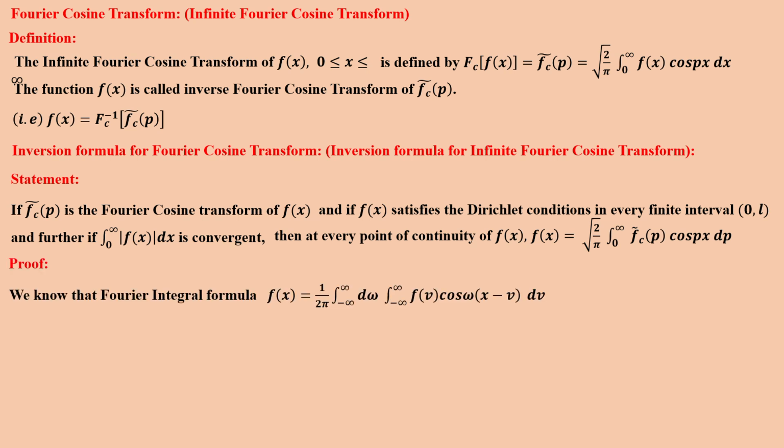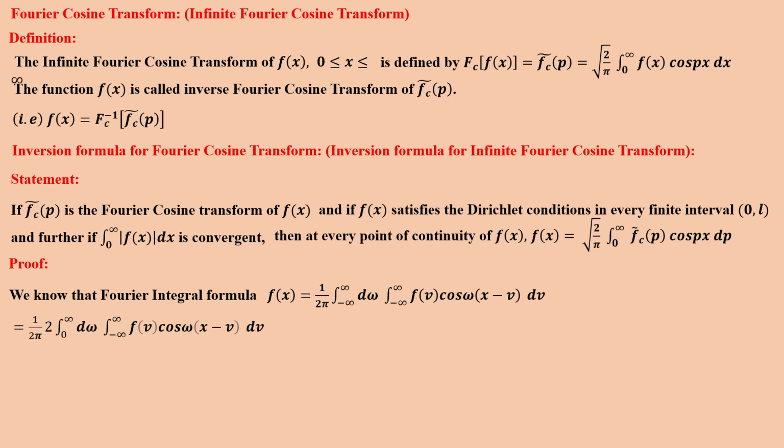So we know the Fourier integral formula: f(x) is equal to 1 by 2 pi integral minus infinity to plus infinity d omega integral minus infinity to plus infinity f(v) cos(omega x minus v) dv. That is equal to 1 by 2 pi into 2 times integral 0 to infinity d omega, because the integral from minus infinity to plus infinity of d omega can be written as 2 times the integral 0 to infinity, right?